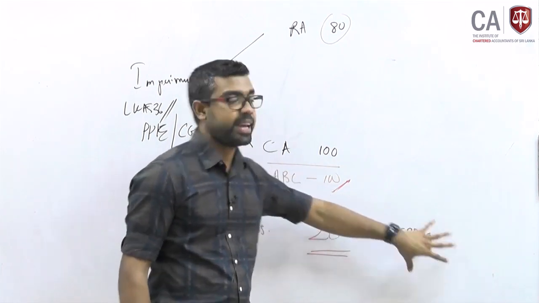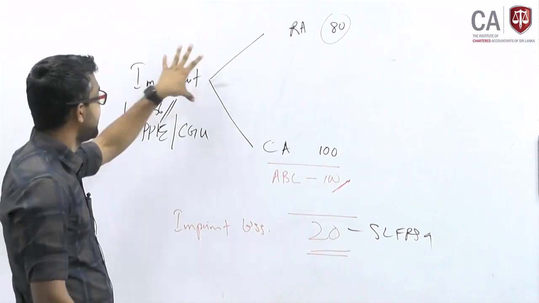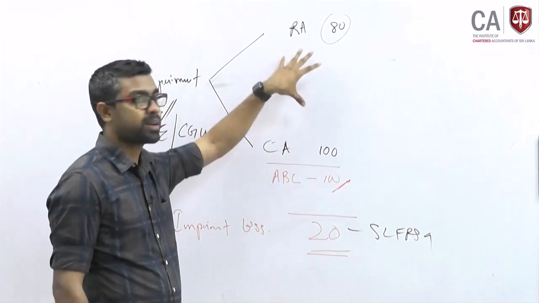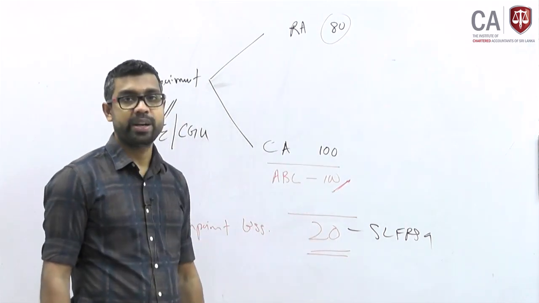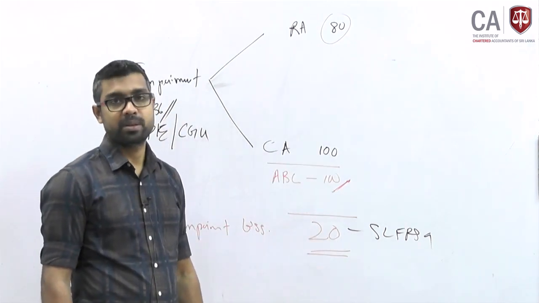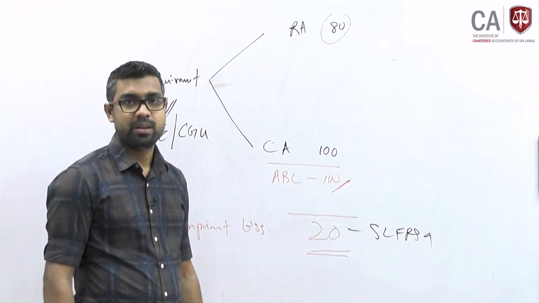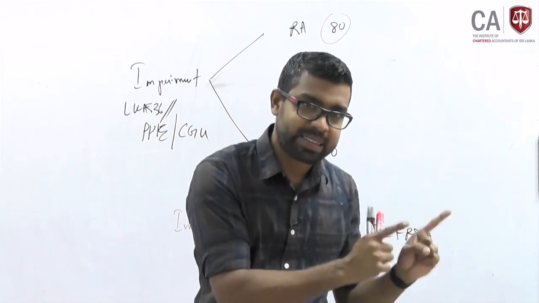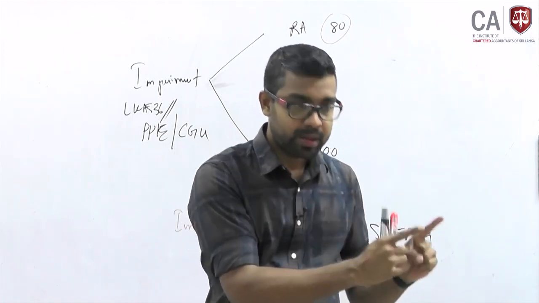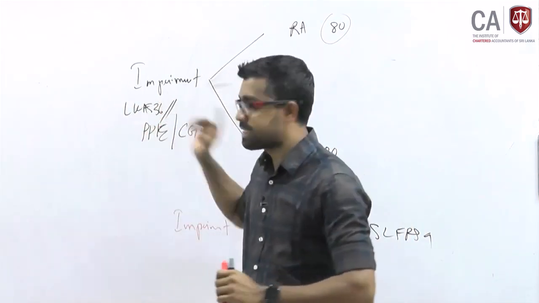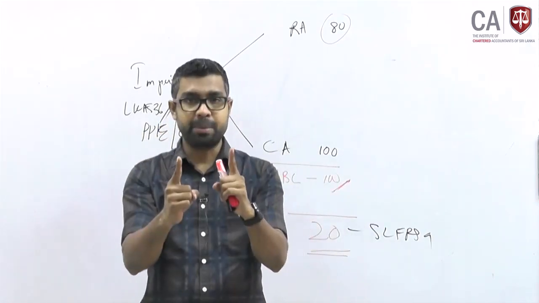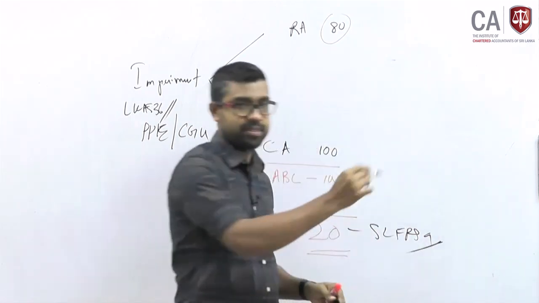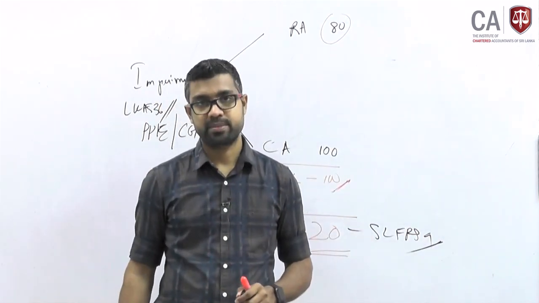Whether it's SLFRS 9 or LKAS 36, the definition of impairment is what? When carrying amount is higher than recoverable amount, the difference you identify as impairment. Simple, no? Don't misunderstand. Property, plant and equipment asset impairment is covered from LKAS 36. Receivable impairment we cover through SLFRS 9, financial instruments.